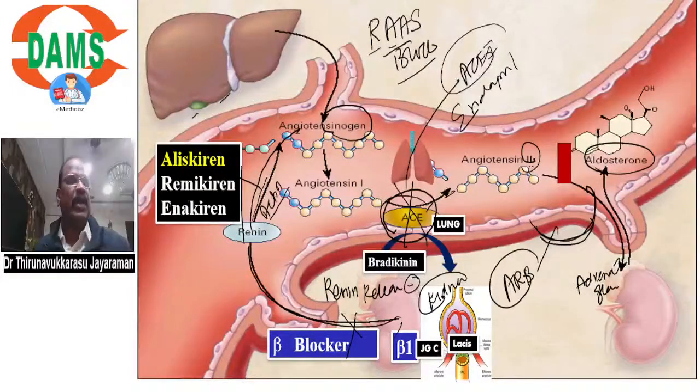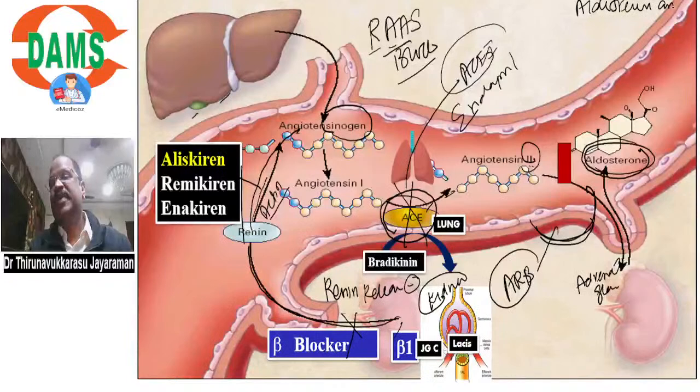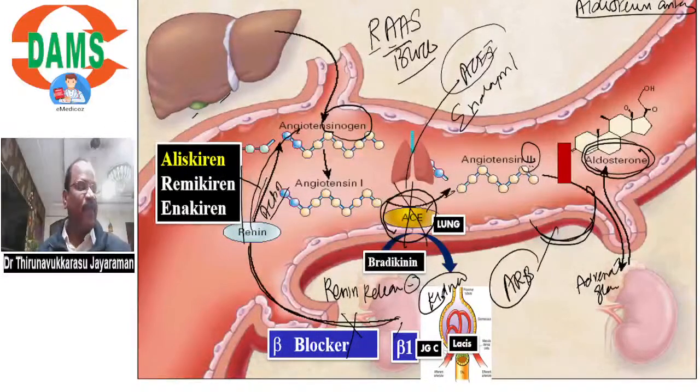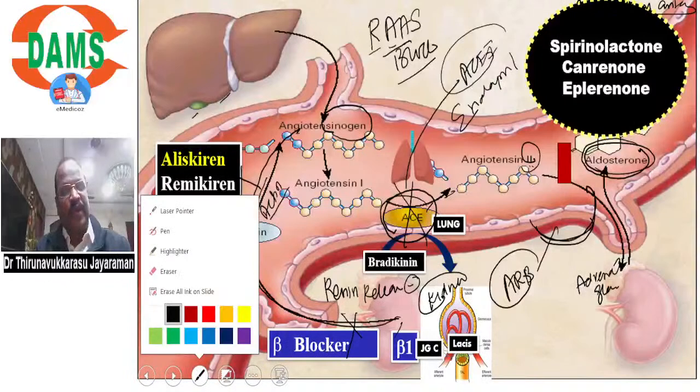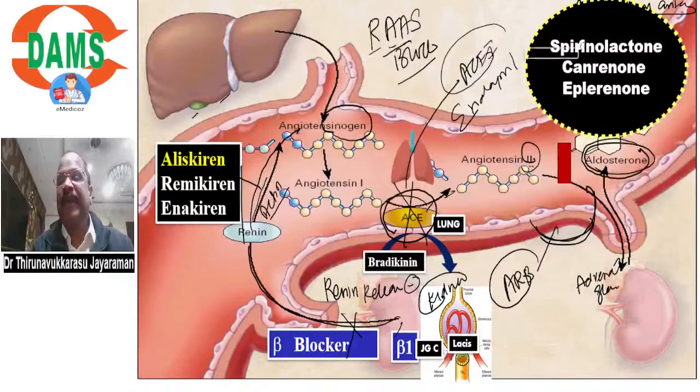And then can you answer? Name the drug blocking the aldosterone action. I want the aldosterone antagonist names. Answer please. Examples of aldosterone antagonists are spironolactone, canrenone, eplerenone.